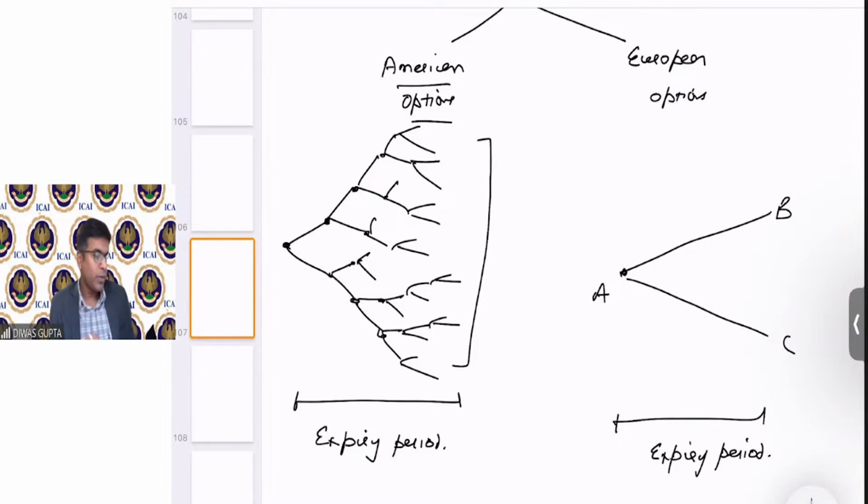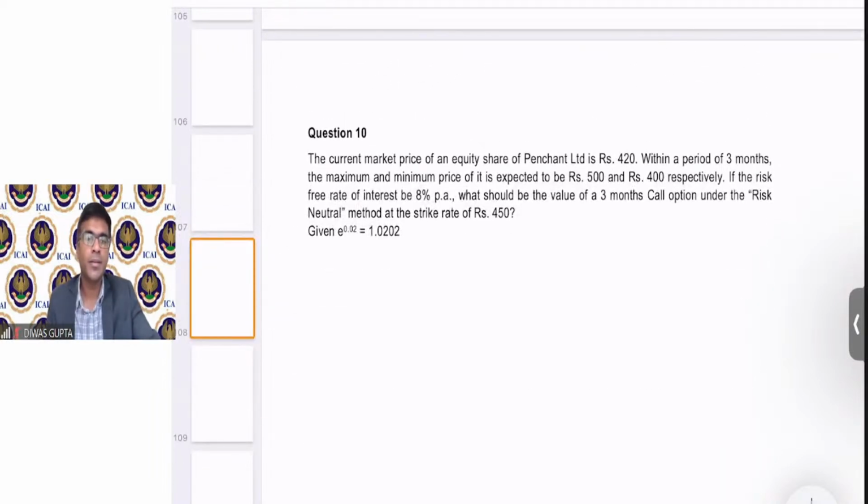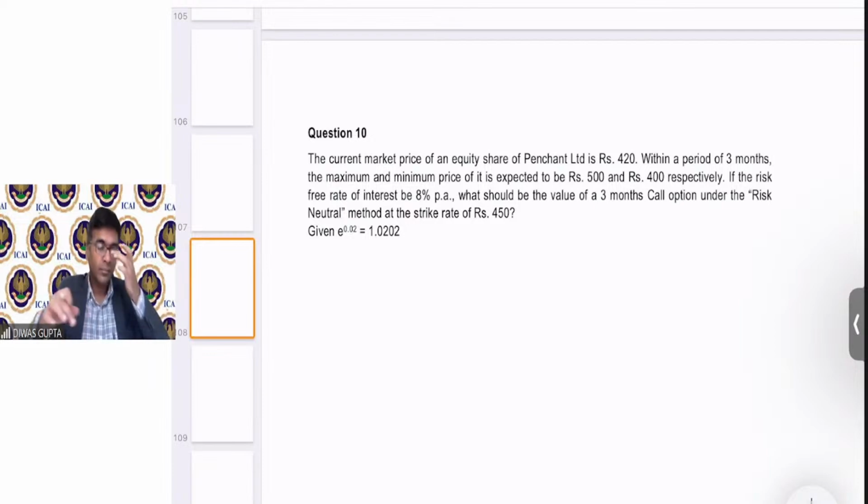Yes, now let's come to the next question. Question number 10, students. It says that the current market price of an equity share of Panchent Limited is 420.